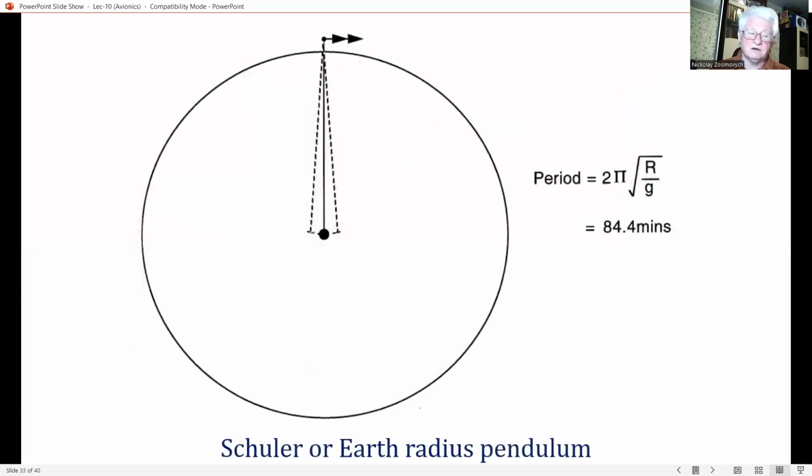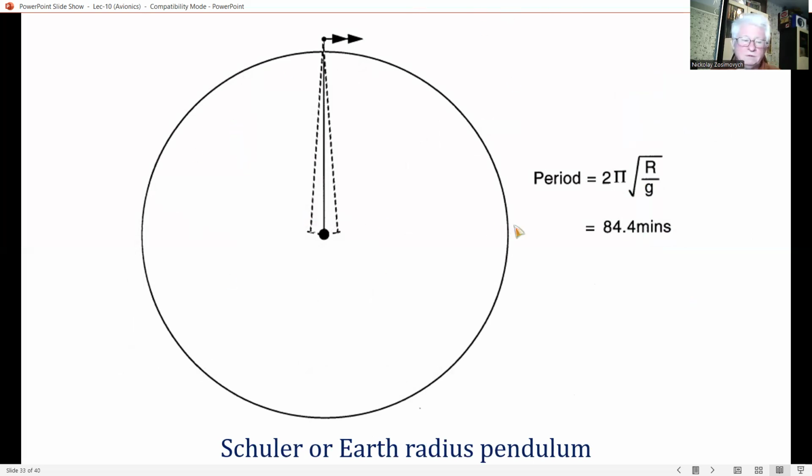Schuler conceived the idea of a pendulum which would be unaffected by acceleration by considering the behavior of a simple pendulum whose length was equal to the radius of the Earth, as you can see on this slide.